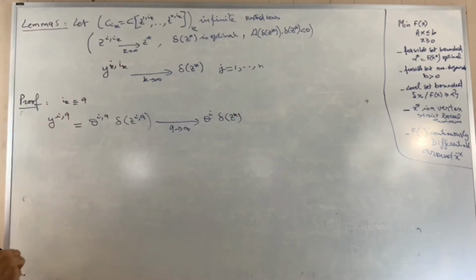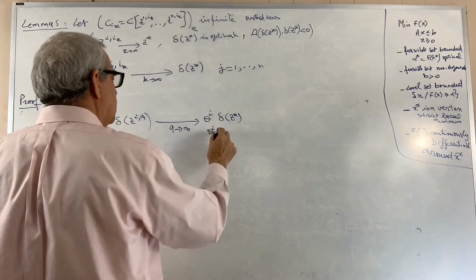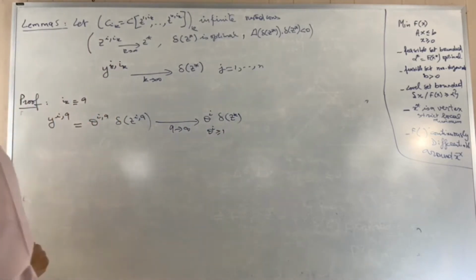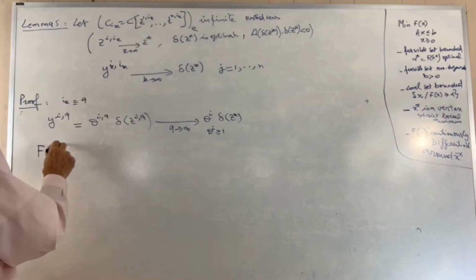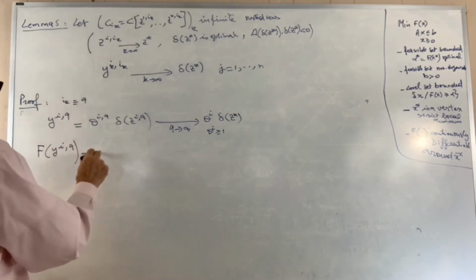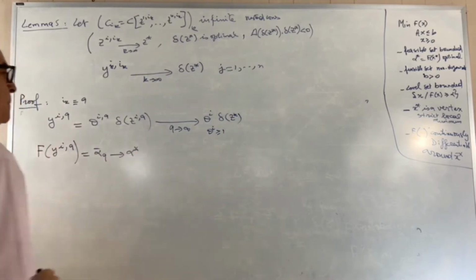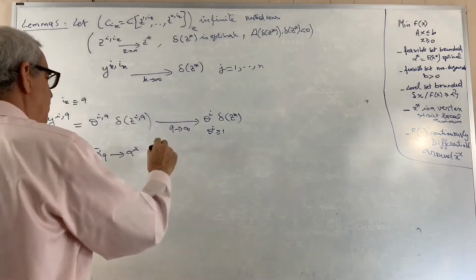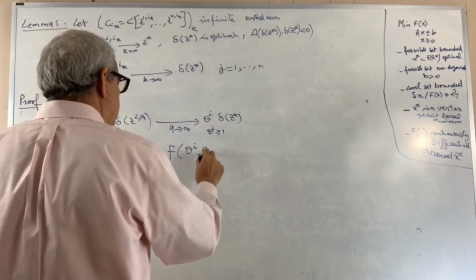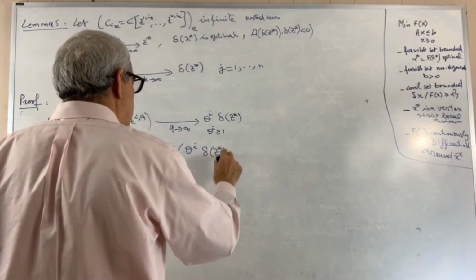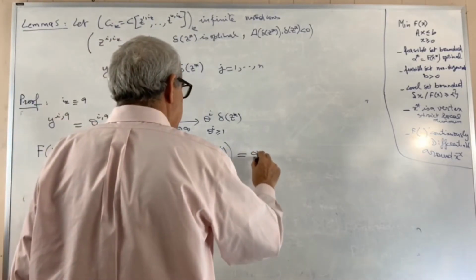Okay? We've seen this before, where theta_i is greater or equal to 1. And f of y_iq is equal to alpha bar q, which converges to alpha star. So therefore, f of theta_i delta of z star is equal to alpha star.